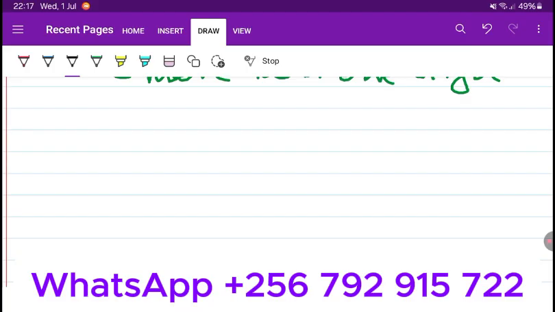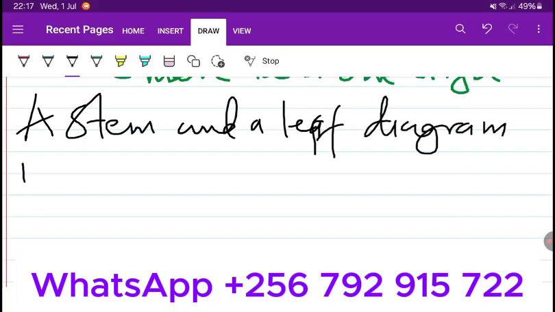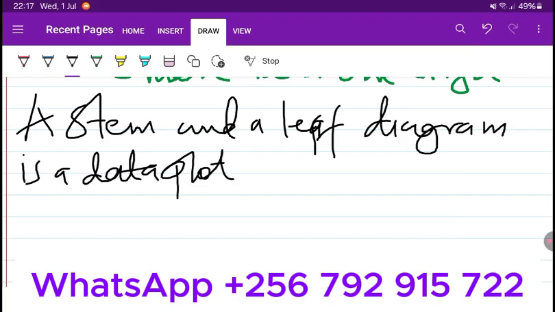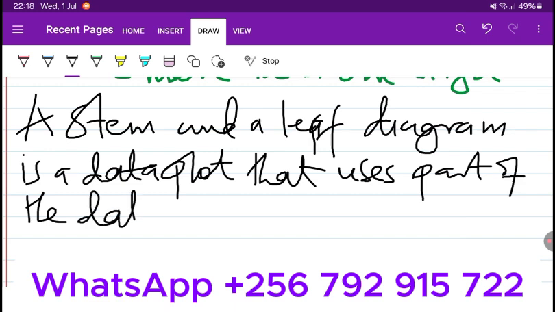a stem and leaf diagram is a data plot that uses part of the data value as the stem.